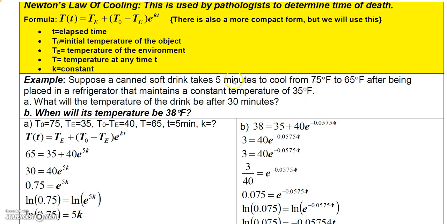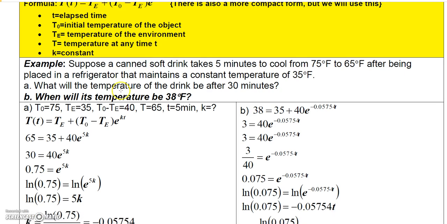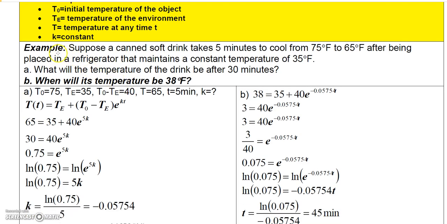From that information we can actually get a model that models the cooling of this soft drink, and then we can answer these two questions. One says, what will the temperature of the drink be after 30 minutes, and then when will its temperature be 38 degrees. So basically, let's look at what we know here.